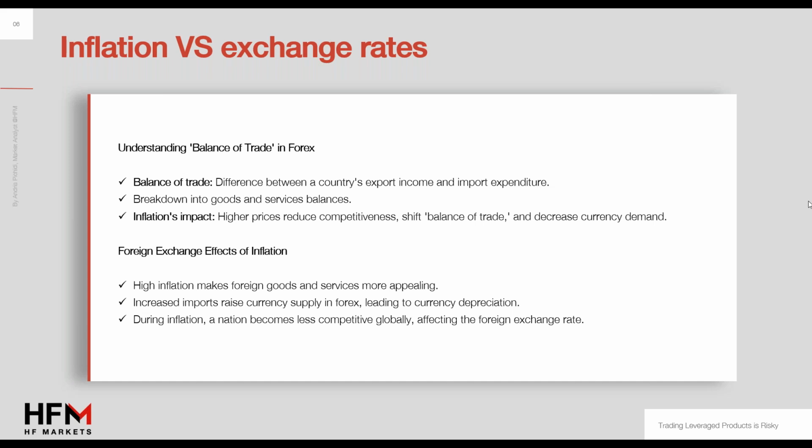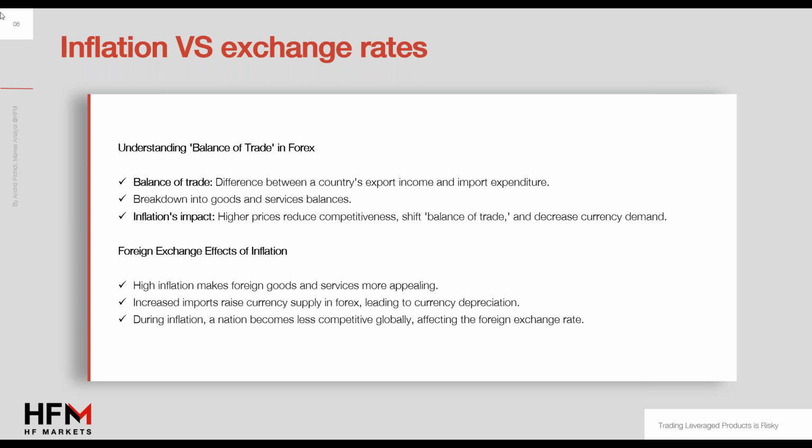So that means, guys, that imports will increase. Consequently, this also caused an increase in the currency supply in the forex market, which results in a depreciation of the currency. Now, how to trade the forex market considering higher inflation or lower inflation.